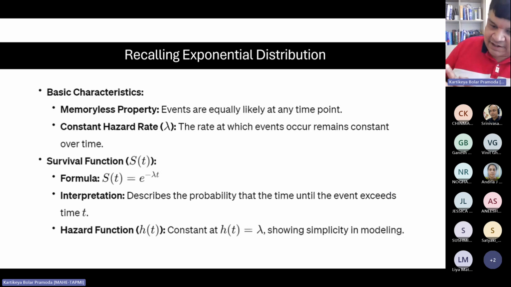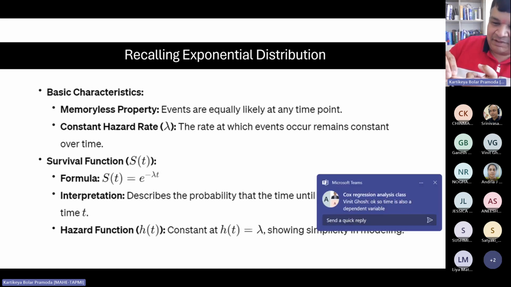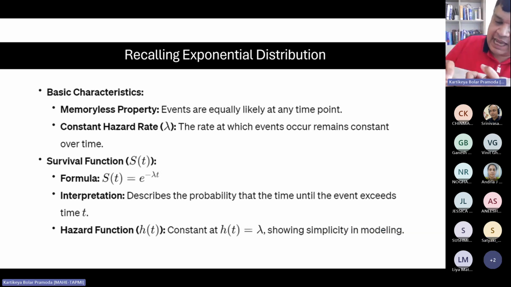We cannot simply model this as logistic regression, because there we do not have the time factor. Here we are trying to see whether the person is able to survive, for example in the organization. When the person churns, time is also a dependent variable. So time as well as the state are both dependent variables.